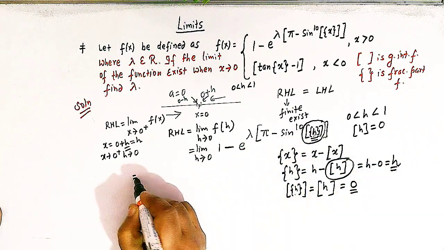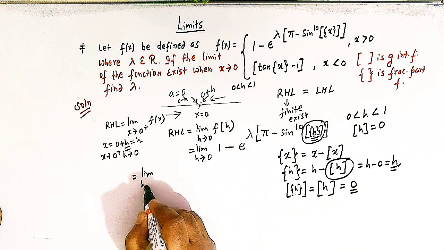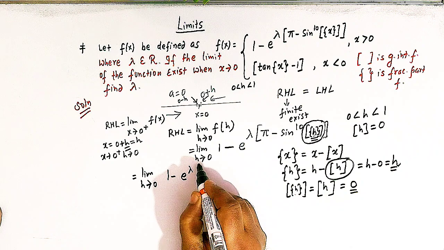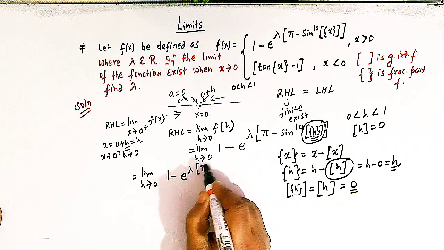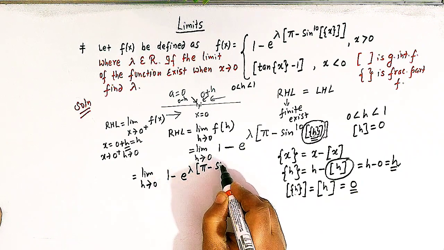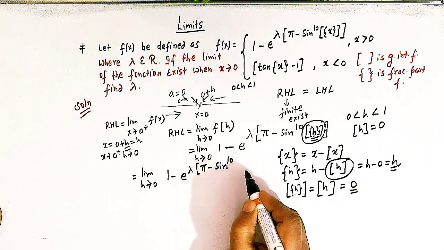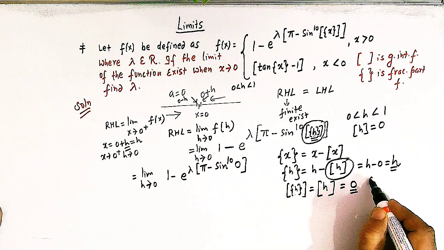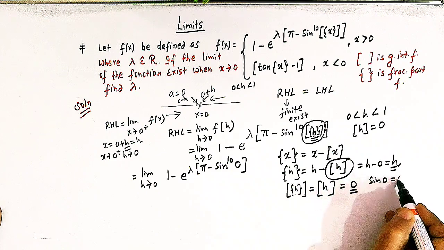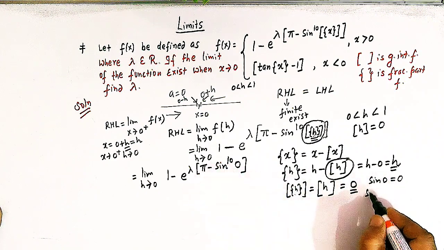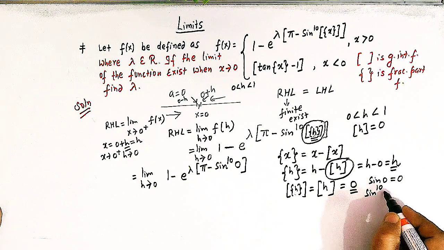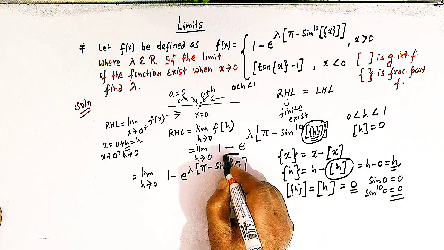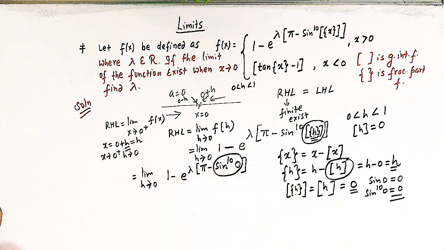Now we have this limit h tends to 0 of 1 minus e raised to lambda, and here we have the greatest integer of pi minus sine raised to 10, and here we have 0, right? And sine 0 is equal to 0. So sine raised to 10 of 0 is equal to 0, so this term is also equal to 0.